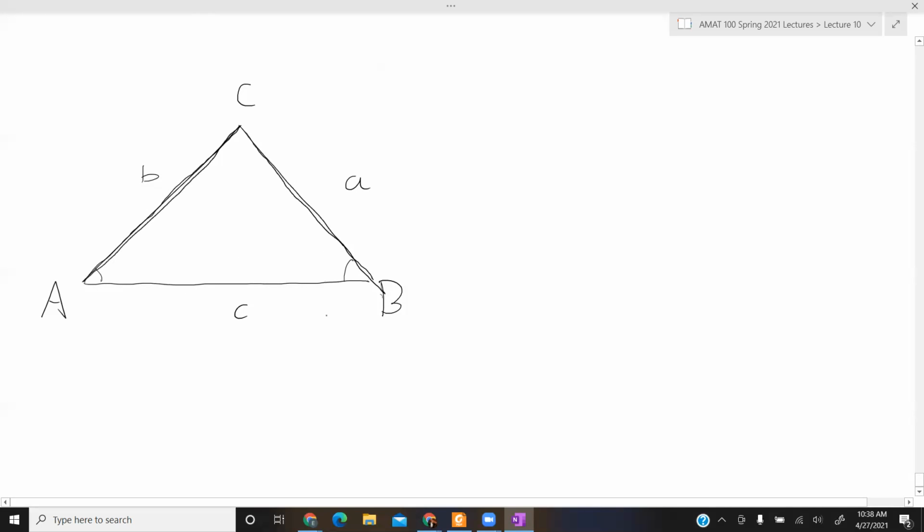So you can label the angles however you want, but you just got to make sure that the sides correspond to that labeling. So the law of cosines is that in any triangle ABC, we have the following system of equations.